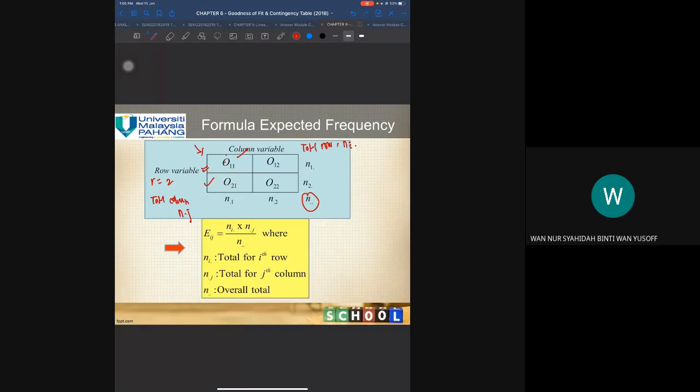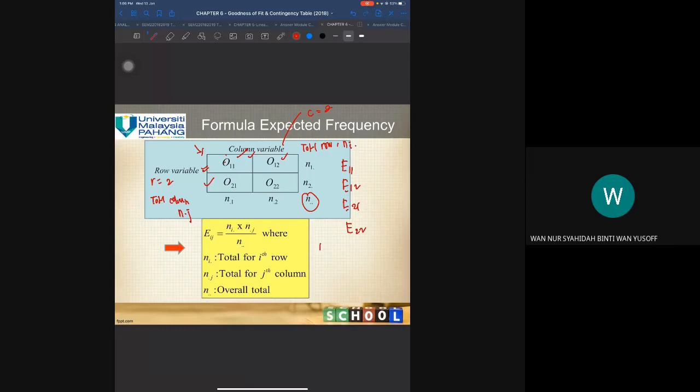The number of levels of the column variable is denoted by small c, so c equals 2 also. Because we have O11, we need E11. For O12, we need E12. For O21, we need E21, and for O22, we need E22.